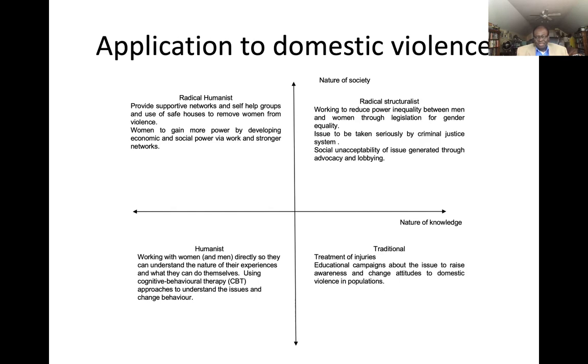The system should be structured. There should be some legislation for gender equality. Men and women are different because there are certain roles that we perform differently.